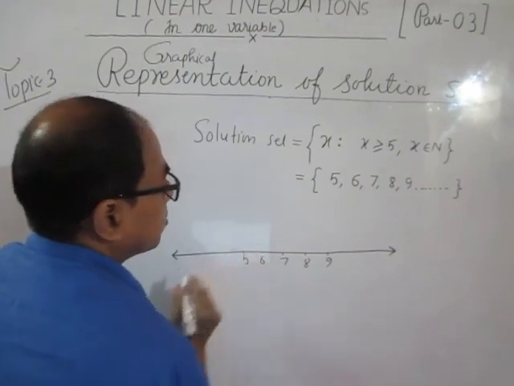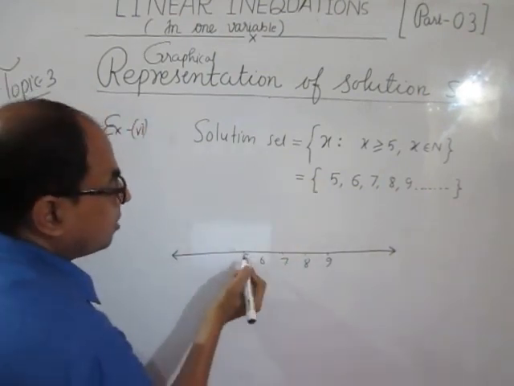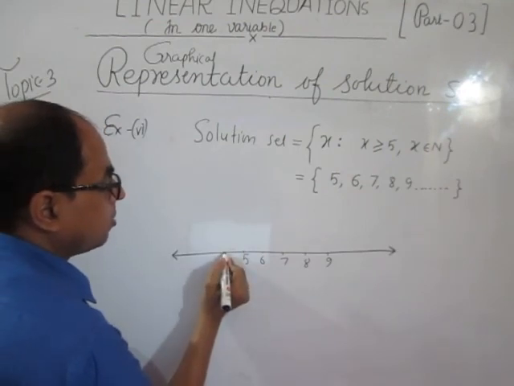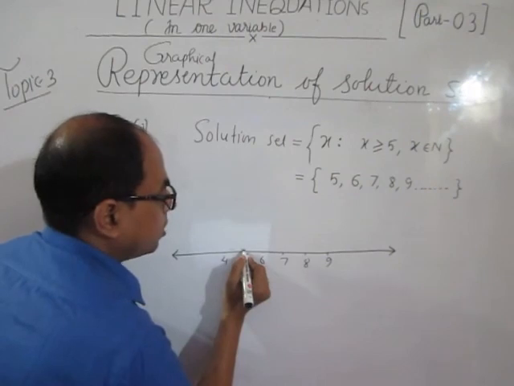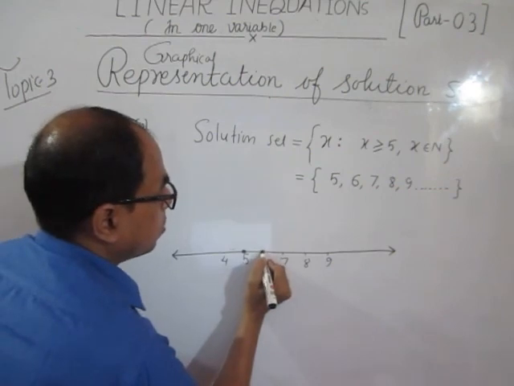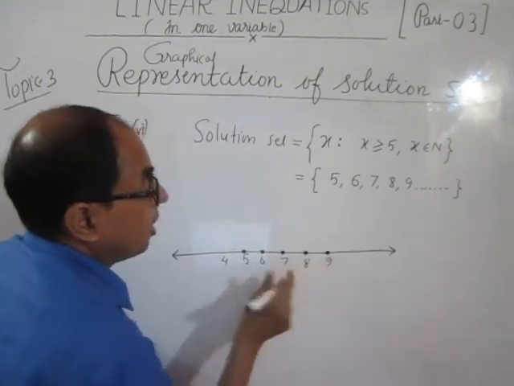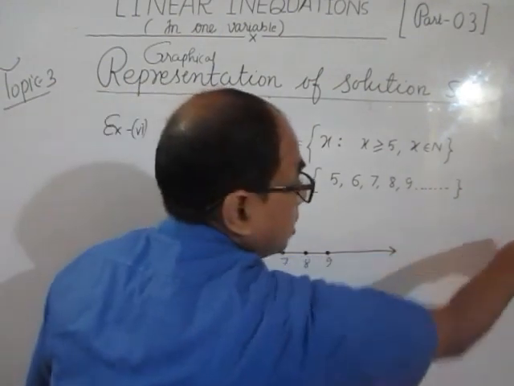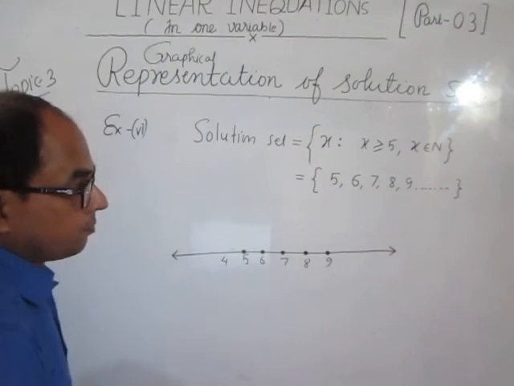Now 5 is the smallest solution. On the left of 5 it is compulsory to write 4. Now 5 is included, so 4 is not, but 5 is a closed point. You use a solid ring here, here also a solid ring, here also, and here also. And after that many natural numbers are there which are solutions of the given equation.